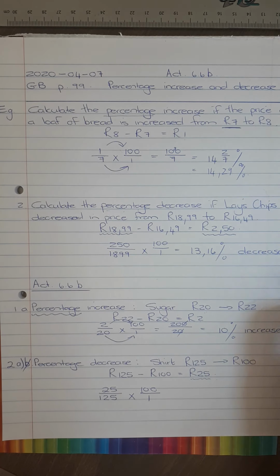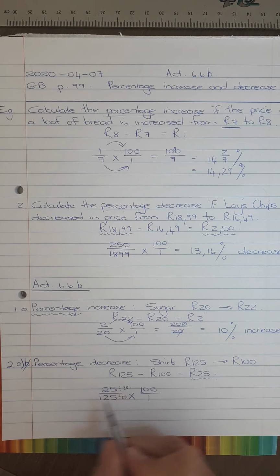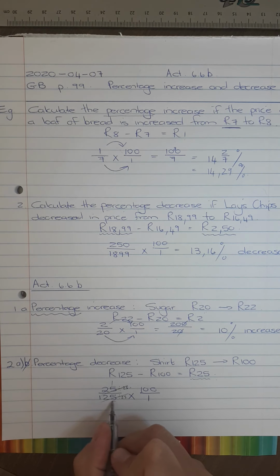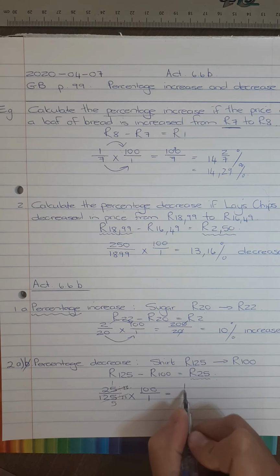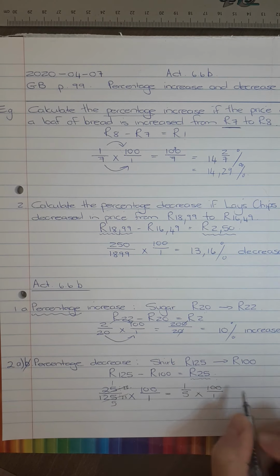Now I need to simplify this before I multiply. Otherwise, this sum is just going to be too big and too difficult. 25 divided by 25 gives me 1. 125 divided by 25 gives me 5. So I end up having 1 over 5 times 100 over 1.